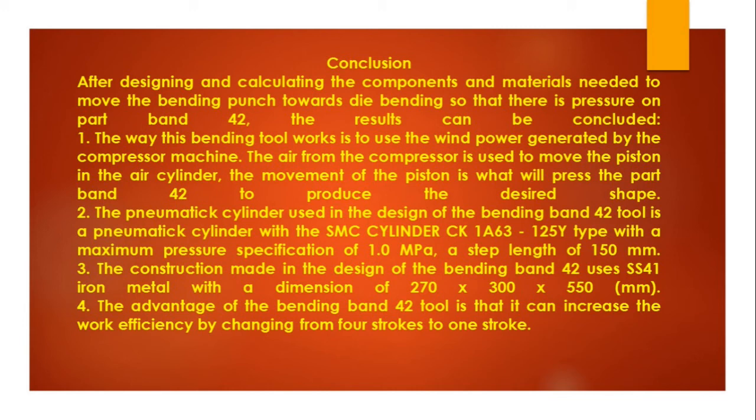One, the way this bending tool works is to use the wind power generated by the compressor machine. The air from the compressor is used to move the piston in the air cylinder. The movement of the piston is what will press the part Bend 42 to produce the desired shape.